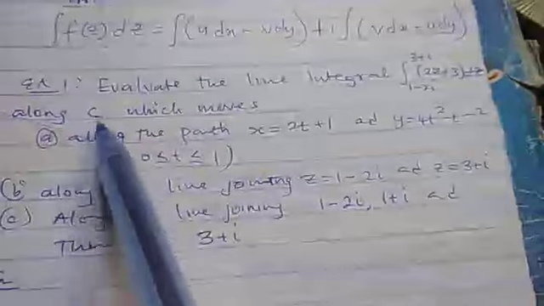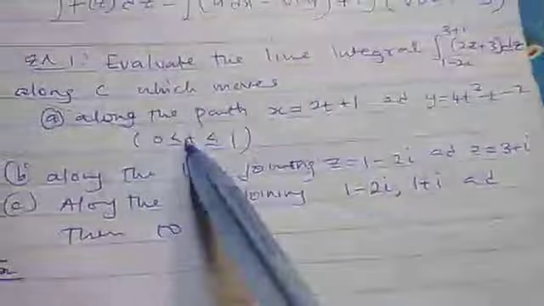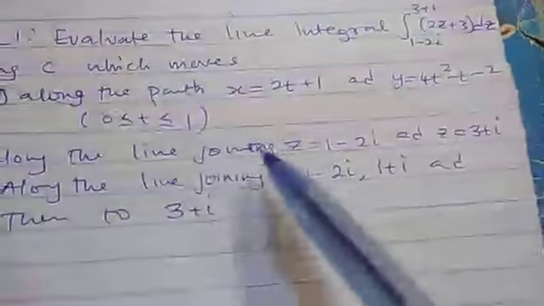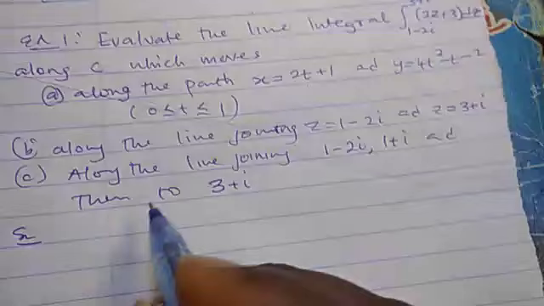The question here: evaluate the line integral, which moves along curve C, along the path given, along the line joining this point and this point, and along the line joining this point to this point.